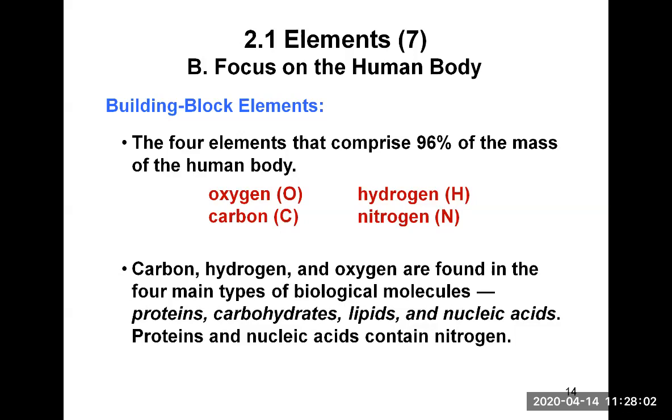And so carbon, hydrogen, and oxygen are found in the four main types of biological molecules, which are the proteins, the carbohydrates, the lipids, and the nucleic acids. And then proteins and nucleic acids contain nitrogen. They're a bit more diversified by nitrogen.